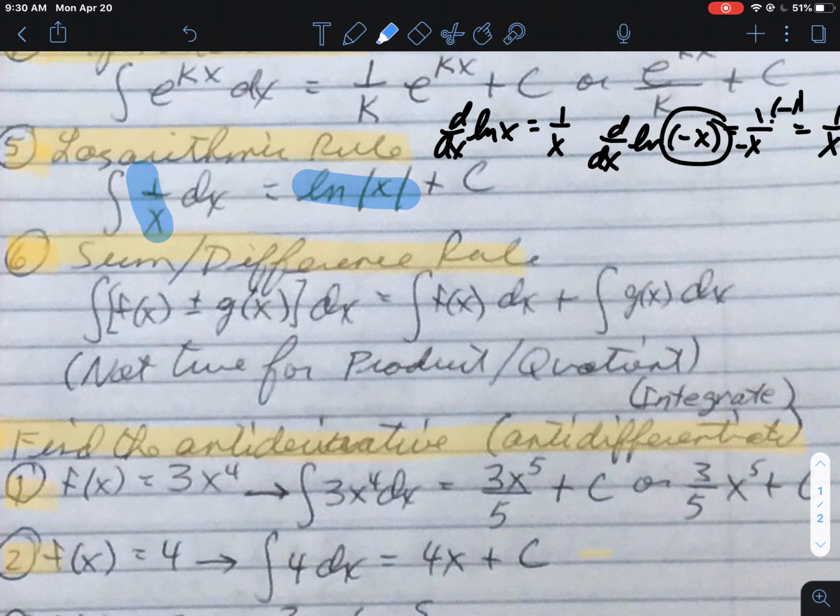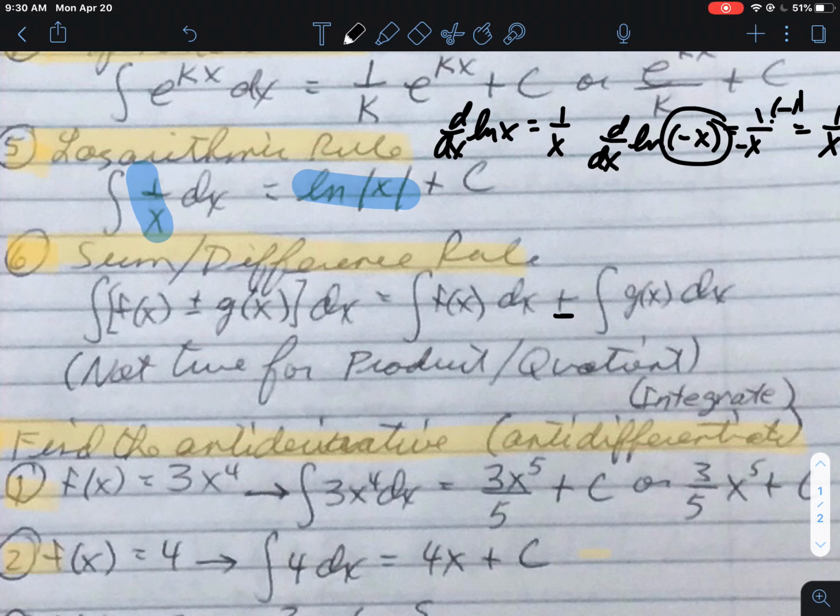Number 6, there's a sum and difference rule. This is pretty straightforward. If I have the integral of f of x plus or minus g of x, then that is equal to the integral of f of x plus, or also minus, the integral of g of x. So in other words, if I'm integrating a function that has multiple terms, where f and g represent the terms of the function, it allows you to integrate term by term.